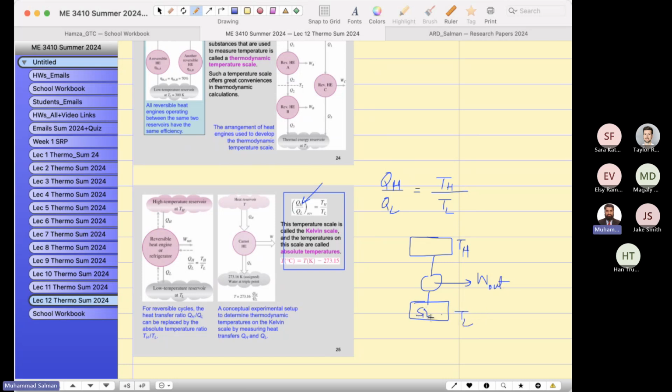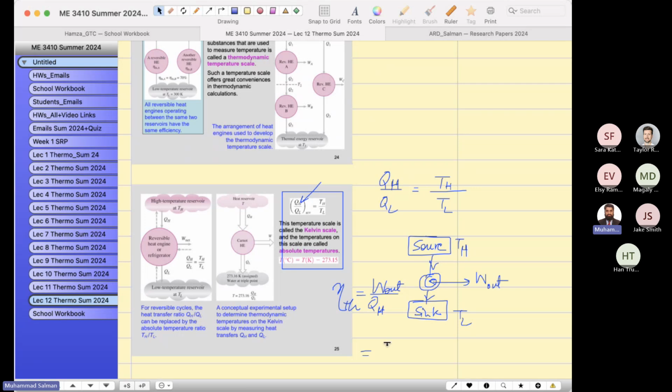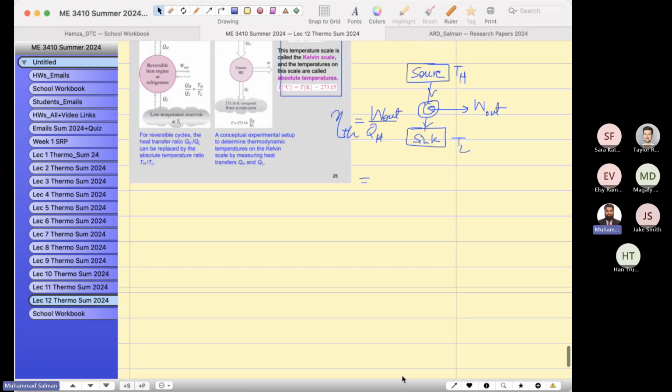This is the sink, this is the source, and this is just an operation. So heat is coming from the source. The thermal efficiency is the work output over the heat supplied. So if I write down the formula for the thermal efficiency of the reversible engine, which is the Carnot cycle engine, I can write QH minus QL over QH.